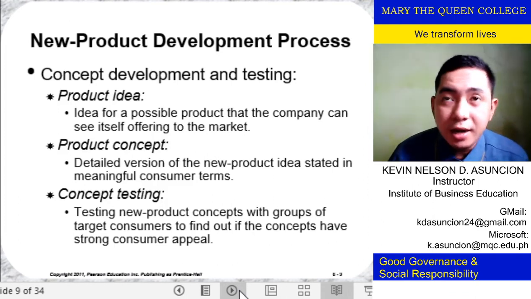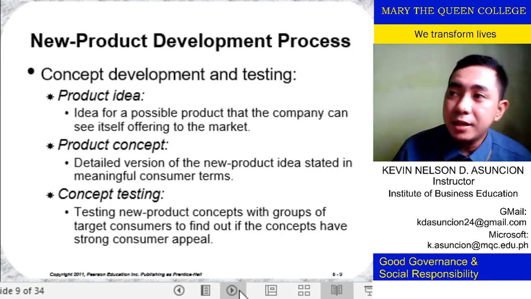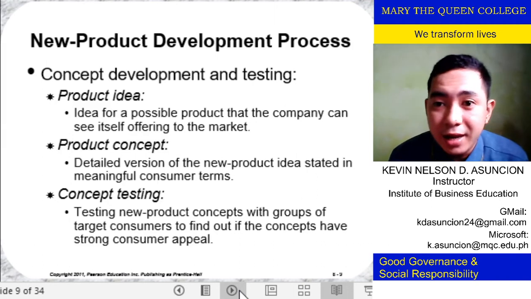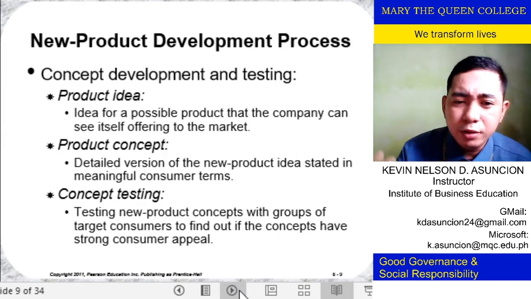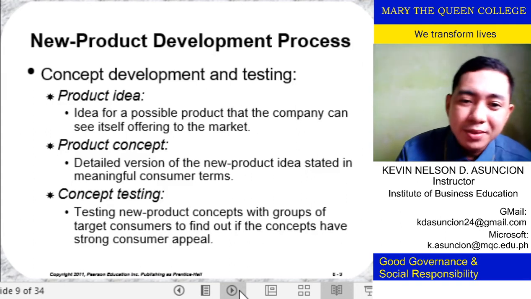At some point they are showing review products, that's concept testing. At some point they're calling those engineering units para gamitin nila at makita what will be the reaction of the market whenever they see that.